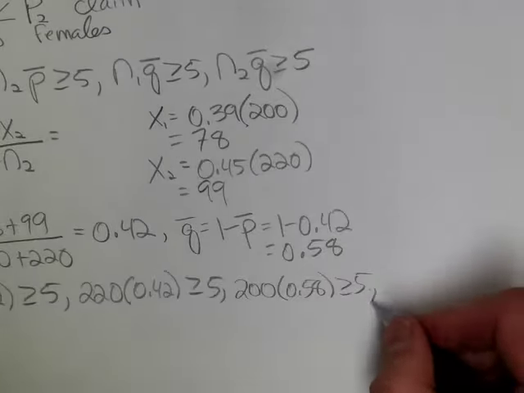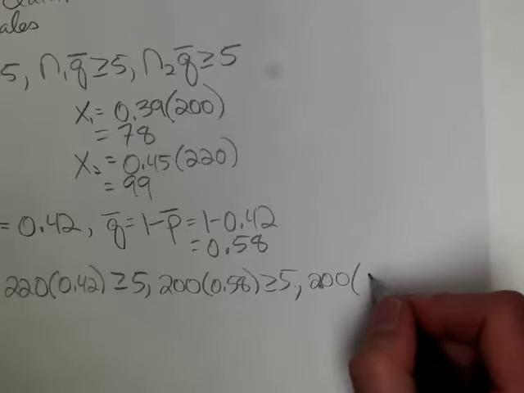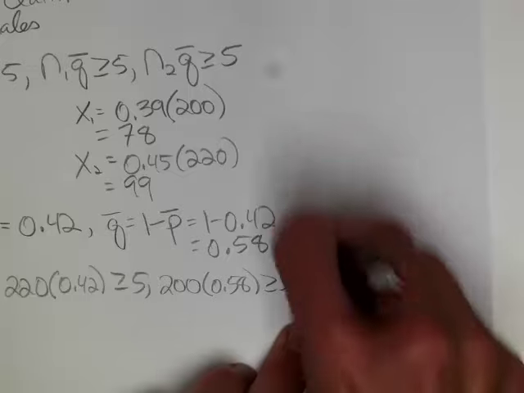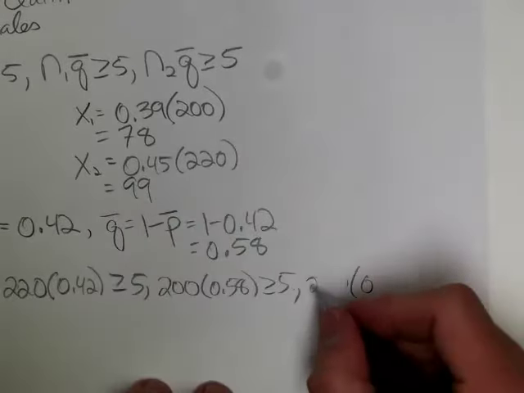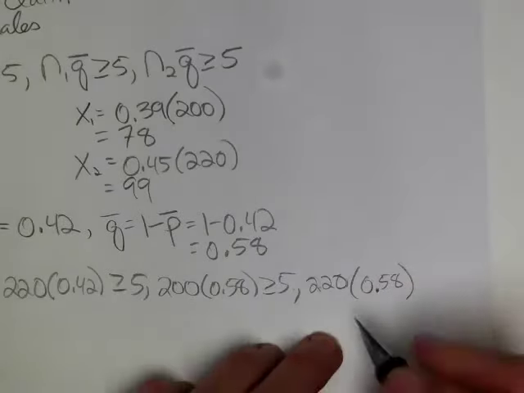And last but not least, 200 times 220. Now I'm getting myself all mixed up. If you go too fast, you make mistakes. All right, there we go.